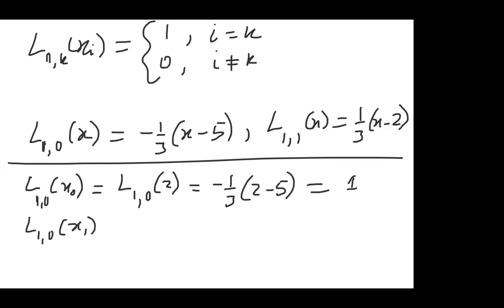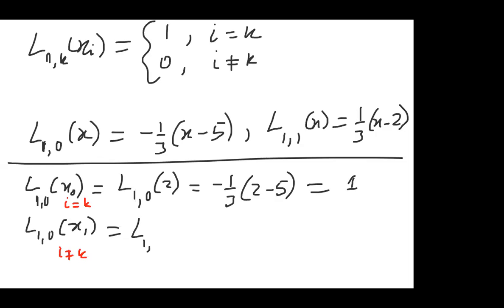Like in the first case, let me write this here. In the first expression, we have i equal to k, because 0 is equal to 0. But in this case, i is not equal to k, because 0 is not equal to 1. So according to that property, I expect this to be equal to 0. Let me evaluate this.